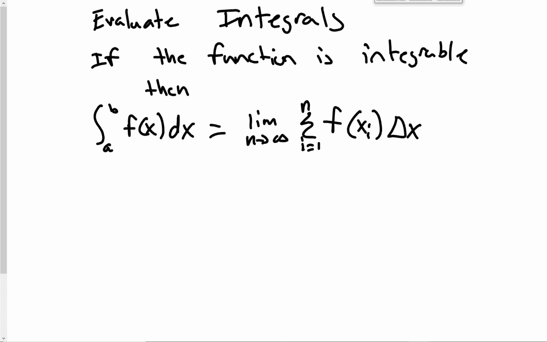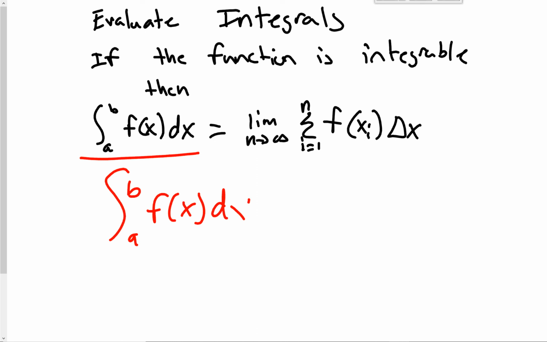Now when you're asked to evaluate this, you're going to be switching forms, going back and forth, but mostly I'm going to give you this one, and you're going to be asked to transform it to that one. Just like we used the sigma notation in the last video, we would use the same thing here.